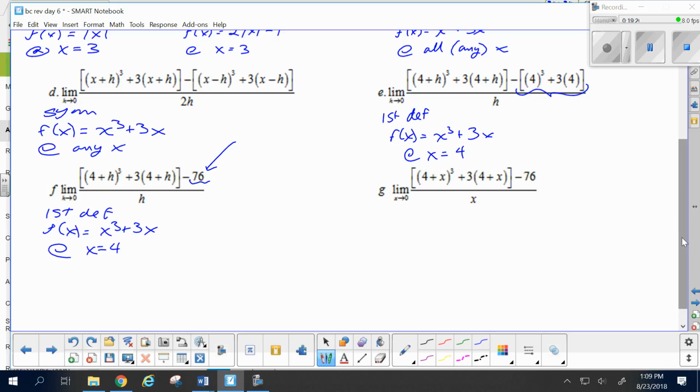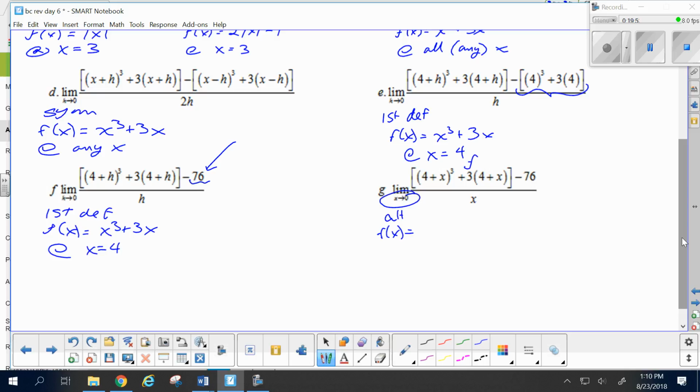All right, last but not least, this is the hardest one, if there is a hard one. Which definition? X goes to, actually you can look at this two ways. I intended for it to be alternate because x is approaching a constant. Now you could actually say symmetric with x instead of h, or not symmetric, as first definition with x instead of h. That was not my intention. Alternate definition. F of x is? Oh boy, that's rough.